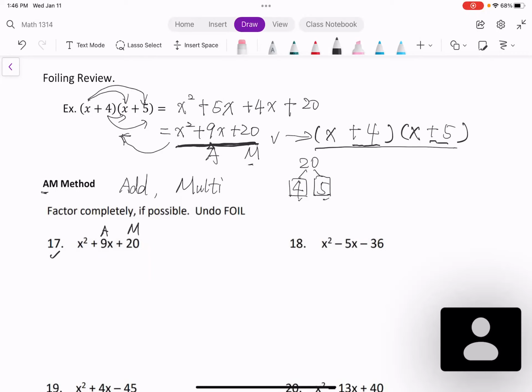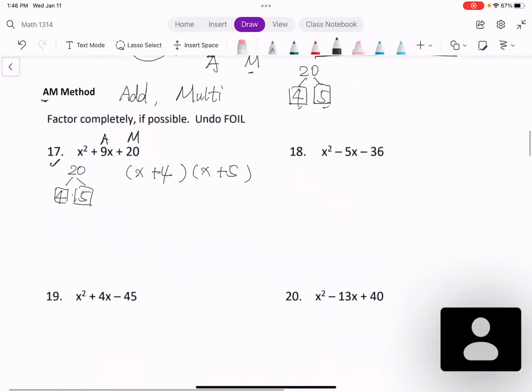And M, multiplication, is 20, the last term, the constant. First step, I will list the multiplication 20 and find two factors. Multiplication is 20, addition is 9. They must be 4 and 5. Second step, write them into the x blank multiplied by x blank. They must be positive 4 and positive 5.